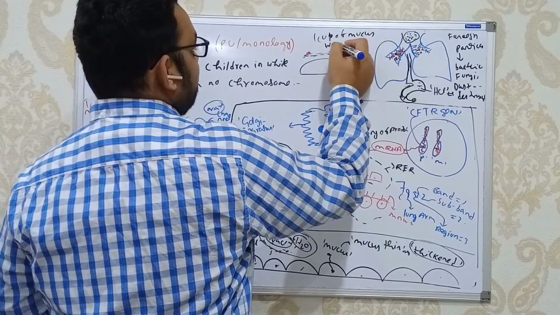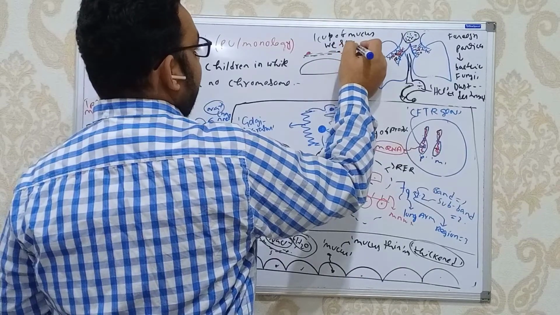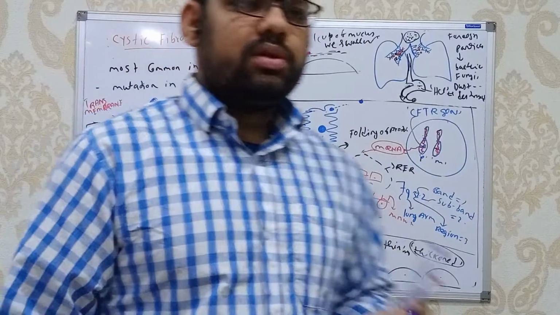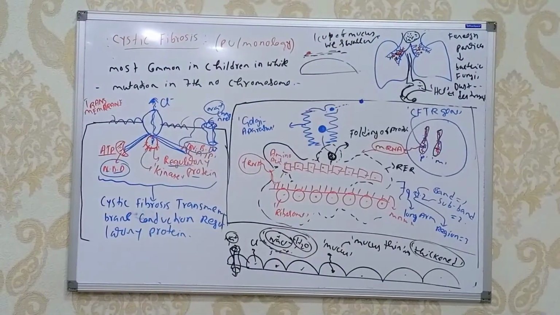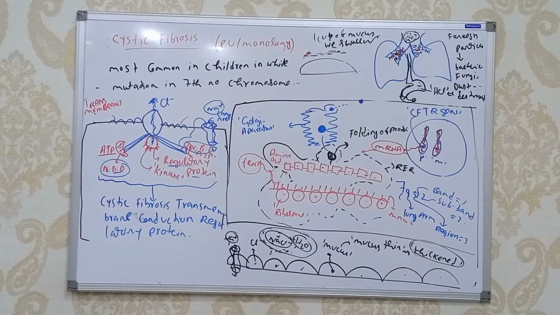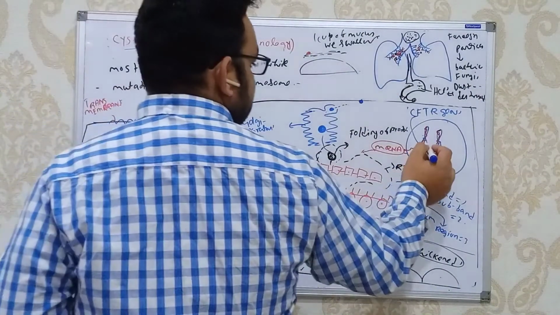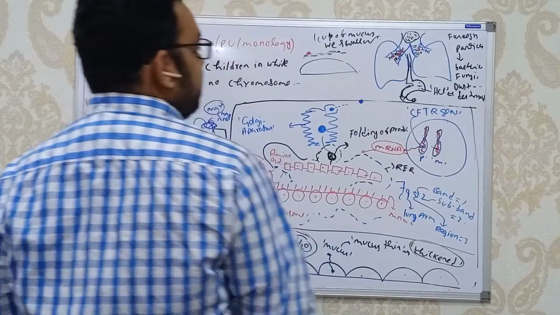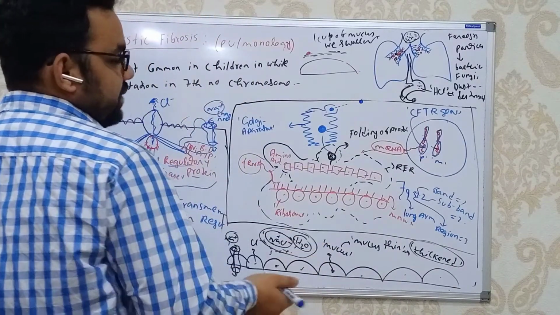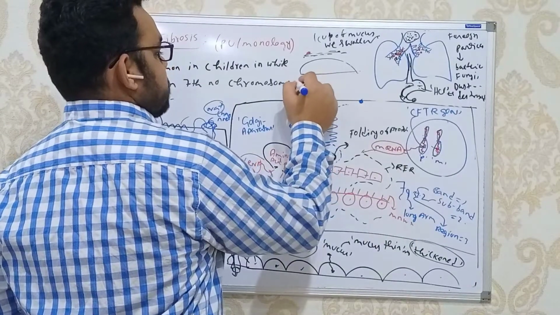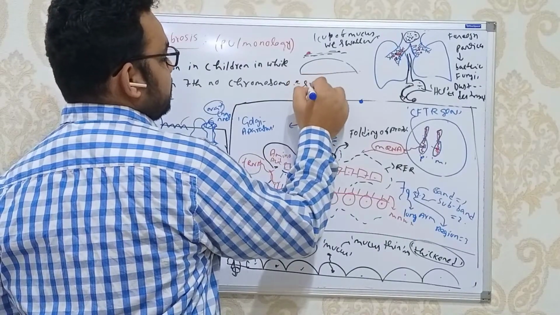That means all the mucus goes into the stomach and gets destroyed there. Sometimes the mucus doesn't go down, and we throw the mucus outside. That is known as sputum.